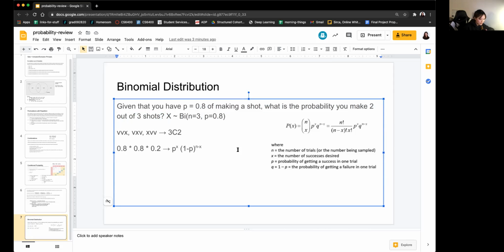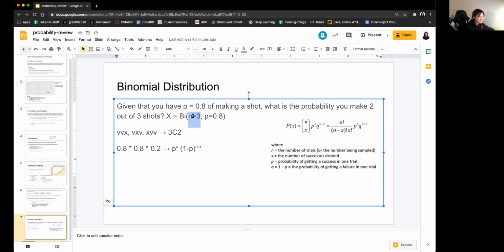So when you know that you have to use the binomial distribution, it is characterized by 2 things. One, you have a certain number of trials, and this is the n equals 3 part. This is just the mathematical notation for expressing a distribution, not a big deal if this doesn't make sense.